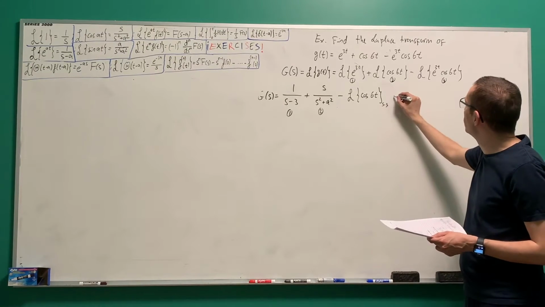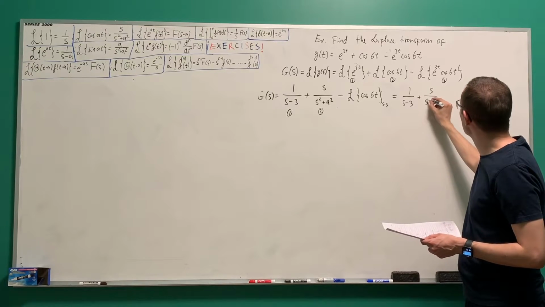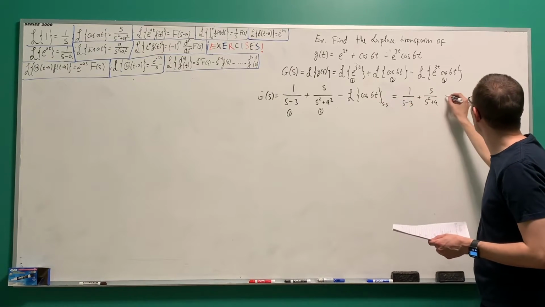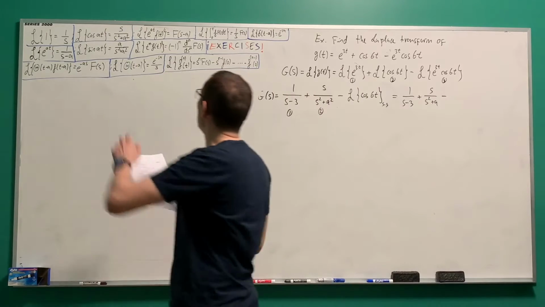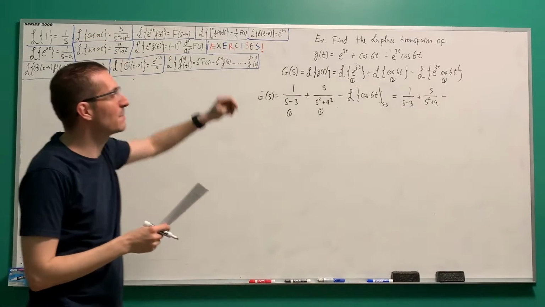All right, so I substitute and I get 1 over s minus 3 plus s divided by s squared plus a squared from before. And now here, I get the cosine. The cosine would be s divided by s squared plus a squared. Now, whenever I see an s, I write an s minus 3.